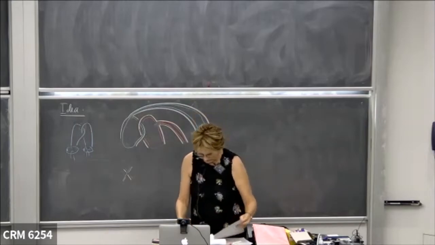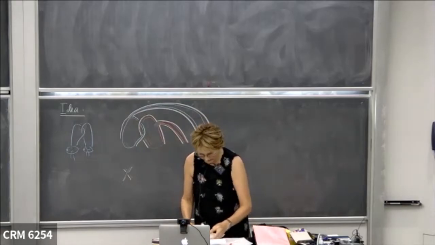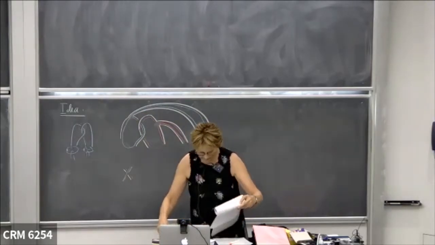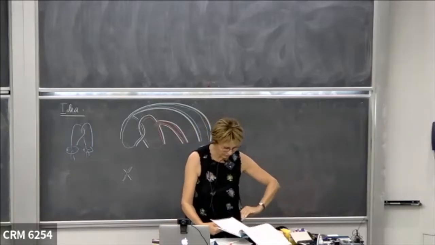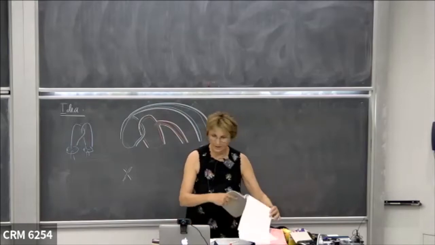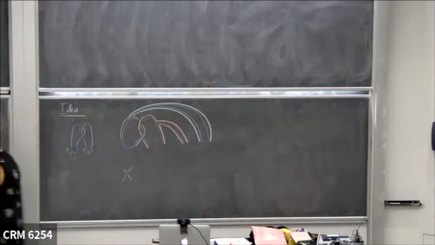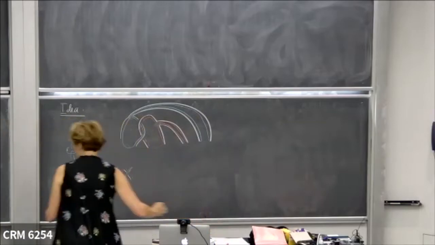Okay, so let me again draw for you the table of the maps. I don't know how much time I have, but let me just define this. So this single crossing, this phi bar will send such a crossing to the algebra element.